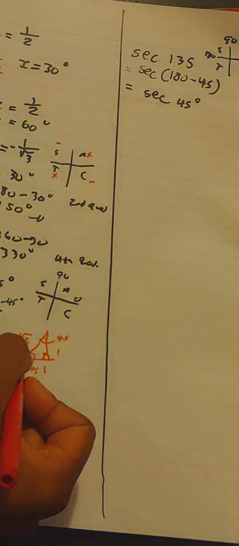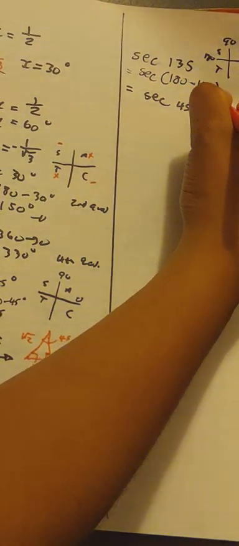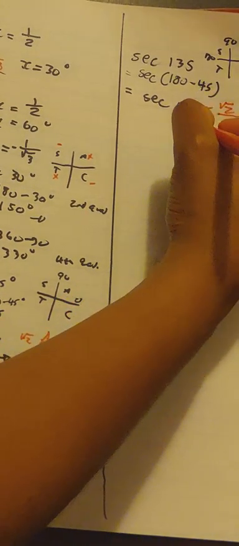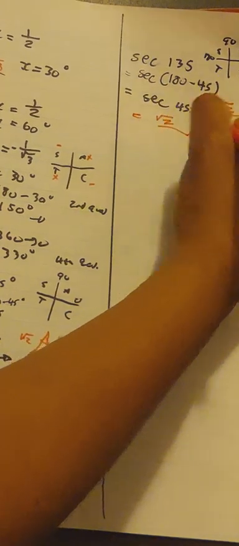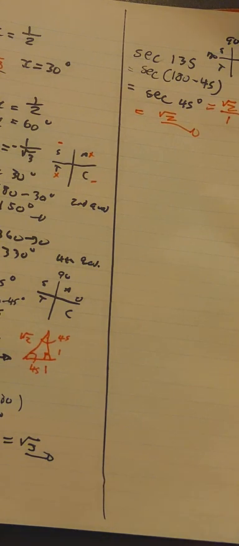That means our hypotenuse is square root of 2. So the answer is equal to square root of 2 over the adjacent 1. That means our answer is only square root of 2.